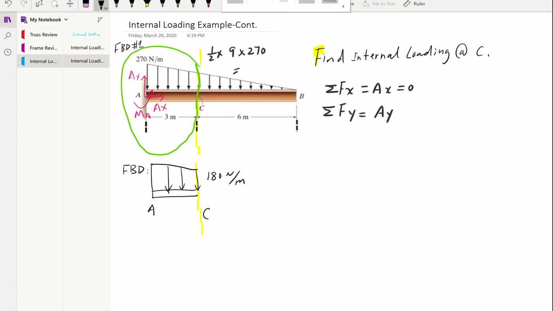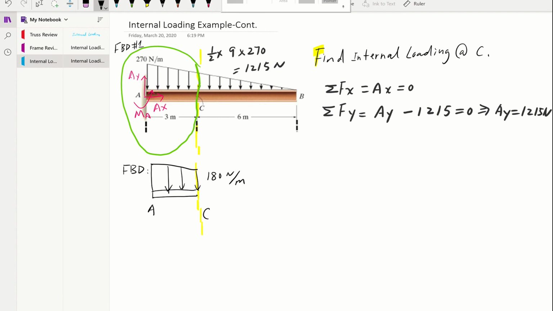Putting that in my calculator, I have 1215 Newton. So forces in the Y direction: AY going up, and then negative 1215 Newton, equals 0. Then we can solve AY being 1215 Newton.